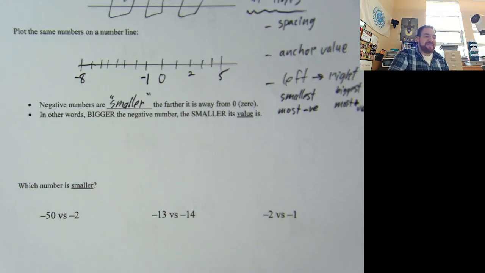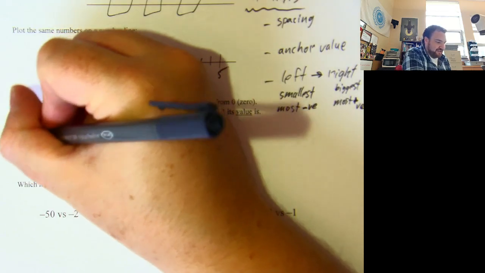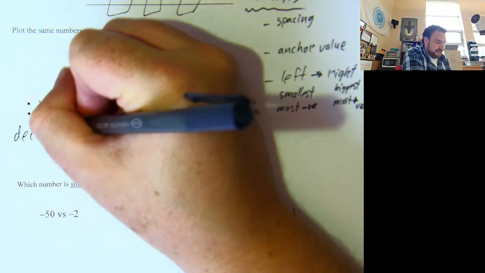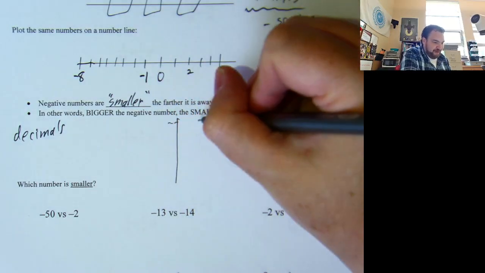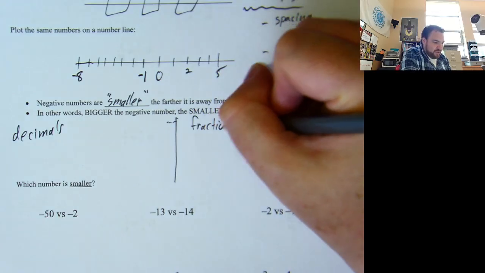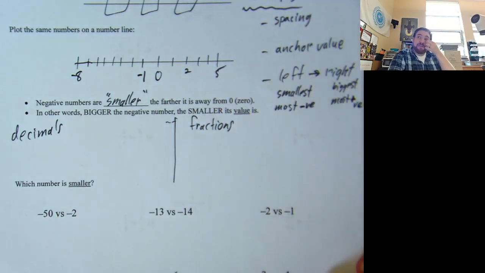What about decimals and fractions? Let's talk about decimals here for a second. On the left, let's draw a vertical line here, and we're going to talk about fractions on the right. What if I was ordering those things? You would convert them both to the same? What do you mean? Like you would try to convert your fractions to a decimal.